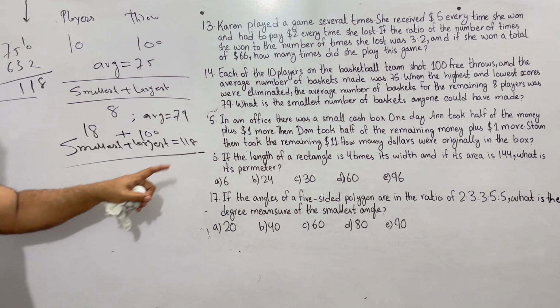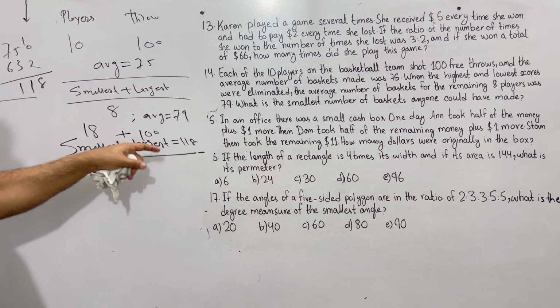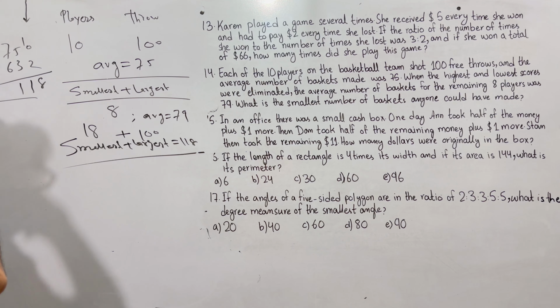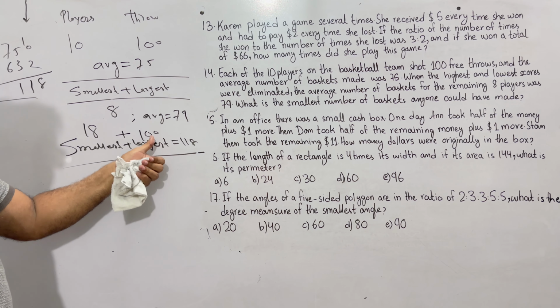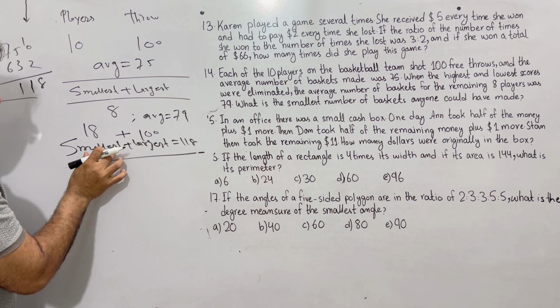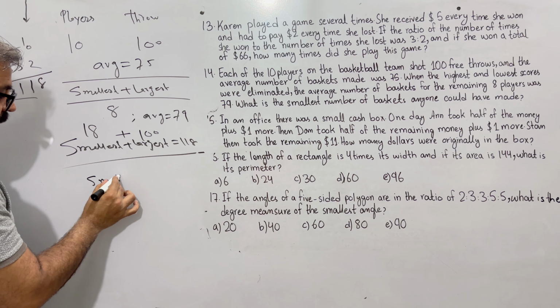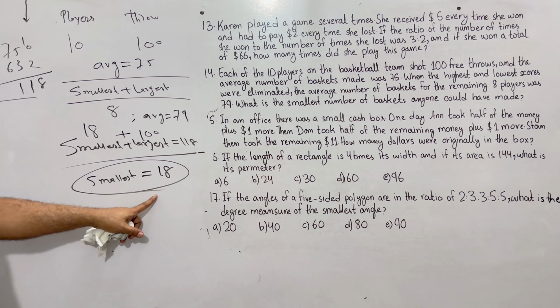A player in all his 100 throws can score at most 100 baskets, not 101. That is the max value for the largest one. So the smallest one is 18. So 18 is the smallest score that any player could have scored.